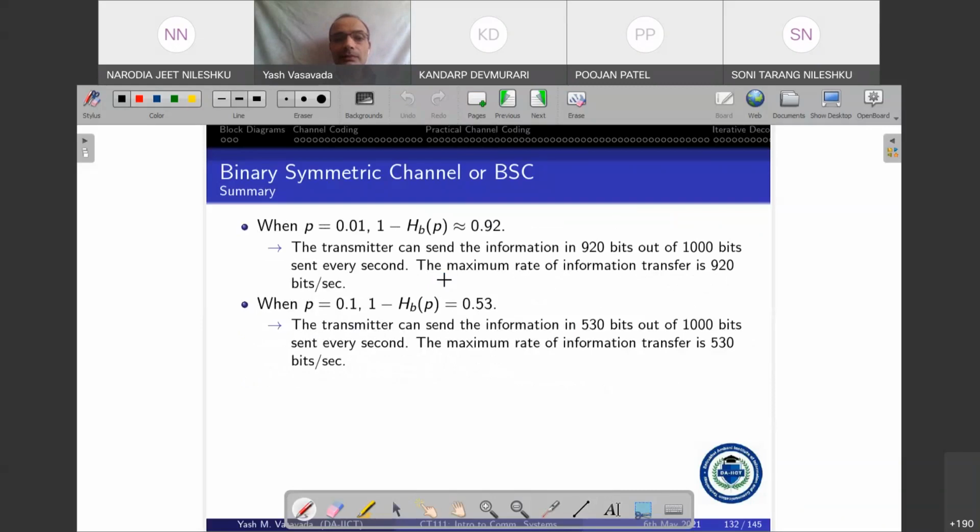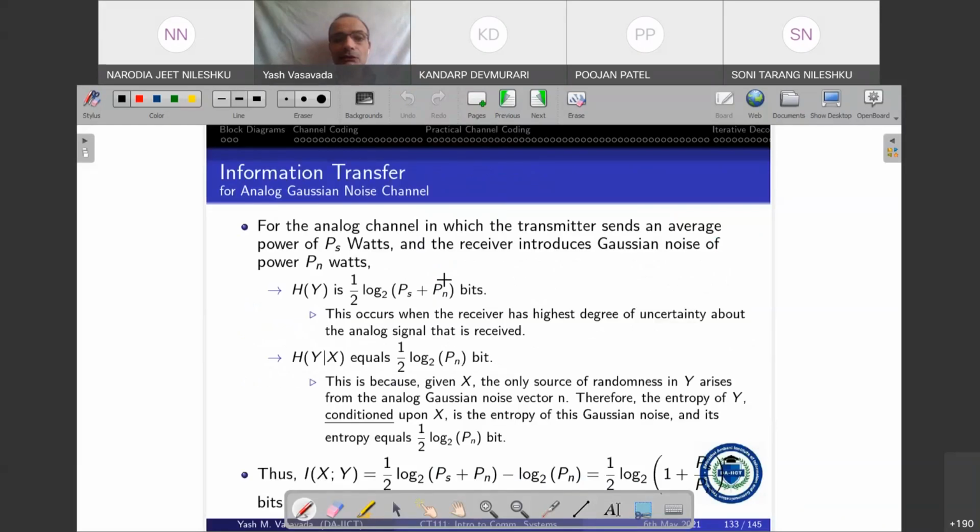And for the analog channels, by the same argument, I(X;Y) turns out to have this formulation. The entropy of Y for the analog channel is given by this formula, where PS is the received power and PN is the noise power. And the entropy of Y given a particular transmitted code word is given by this value.